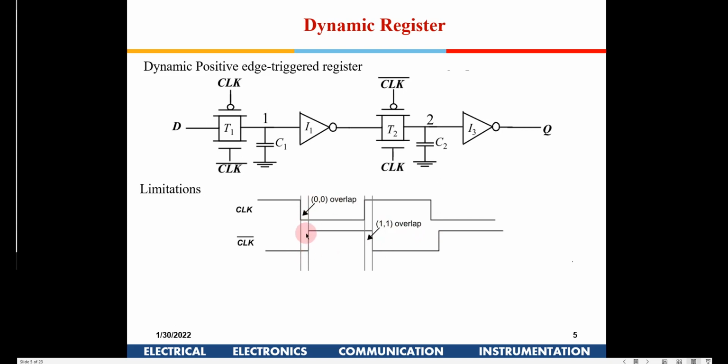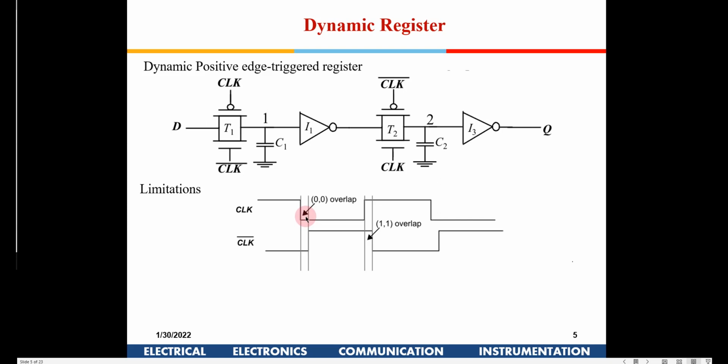We know what a clock jitter is: the clock and clock bar have to be perfectly synchronized, but because of the uneven distribution line of the clock and the clock bar, there could be a possibility that they are not perfectly matched with each other. This is known as clock jitter.